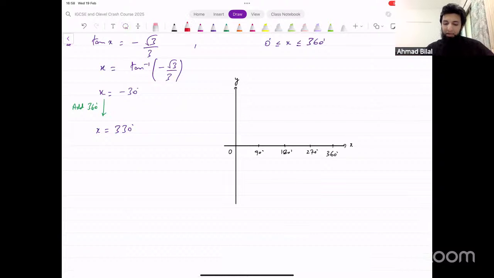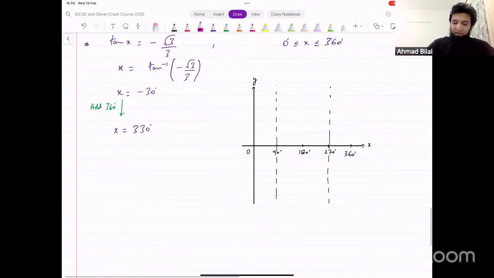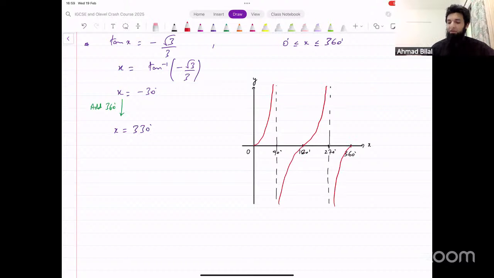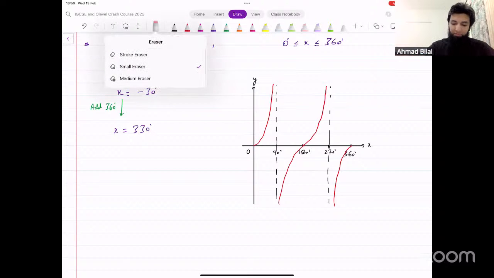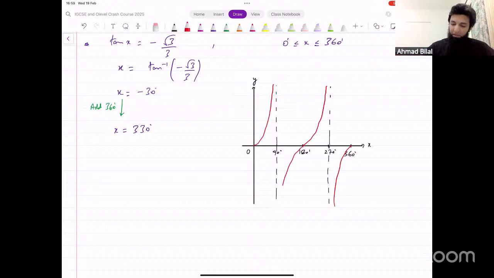So at 90 and 270, you've got asymptotes like this, vertical lines through which the graph is not going to pass. And then what does the graph look like? It goes like this first, 0 to infinity. On the right side from 180 onward, it goes like this, and downwards, it goes like this. That's the tan graph. Again, you need to remember this shape.